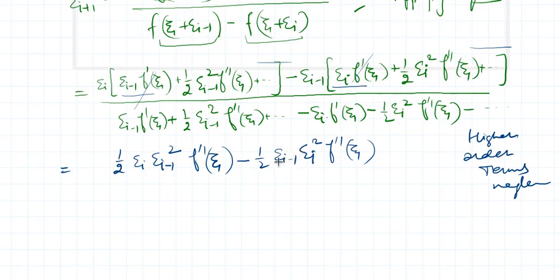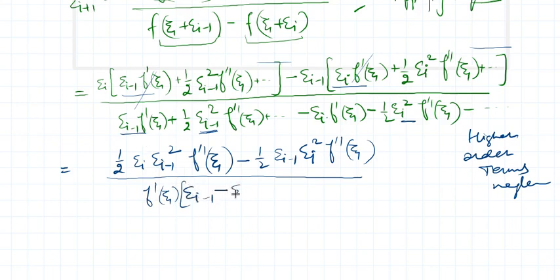And what happens to the denominator? Here we have also ignored higher order terms, because it's a square and the square is also sitting here. They can be neglected. So what will happen to the denominator? It is f'(ξ). Inside, what will remain is ε_{i-1} minus ε_i, right?